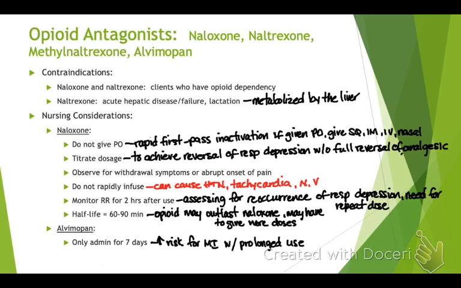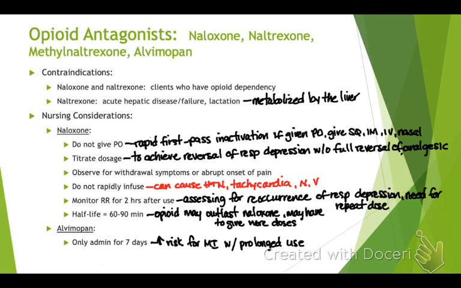And sometimes that might be hard to do depending on the situation that you're in and depending on the client's symptoms of withdrawal, or of the opioid reaction. So you titrate those dosages. Observe for withdrawal symptoms or abrupt onset of pain.